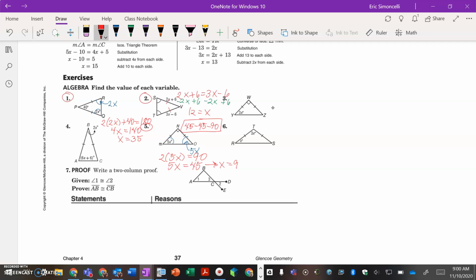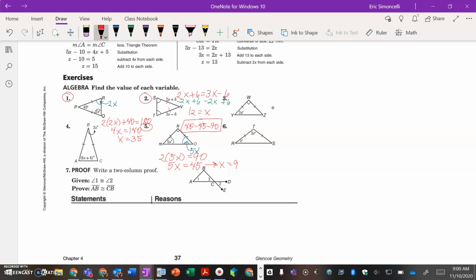Always where an isosceles triangle has a right angle, the other two must each be 45 degrees. So again, this is a 45, 45, 90. If you wanted to just divide 45 by 5 without doing 2 times 5x equals 90, that would have been just fine as well, because again, each angle in a 45, 45, 90 isosceles right triangle has those measures.